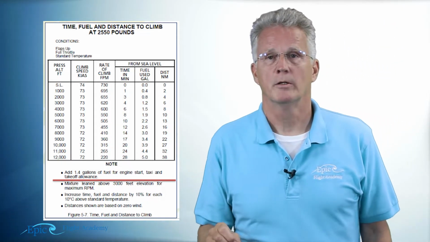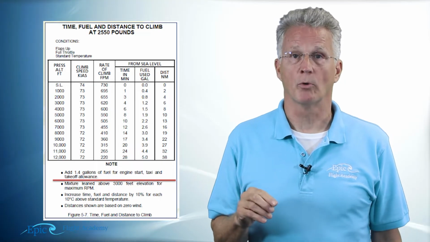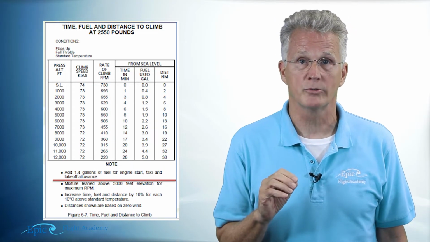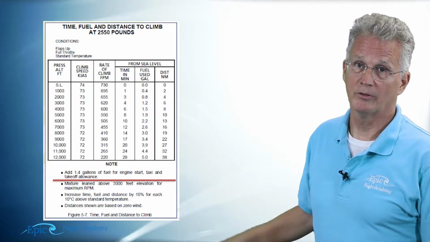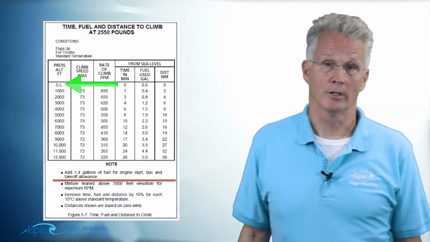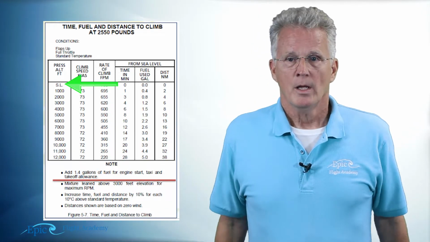Let's assume in our first example, we're leaving from New Smyrna Beach Airport, which is pretty close to sea level. So when I enter the chart in the left-hand column, I'm going to enter where it says SL, and that stands for, of course, sea level.